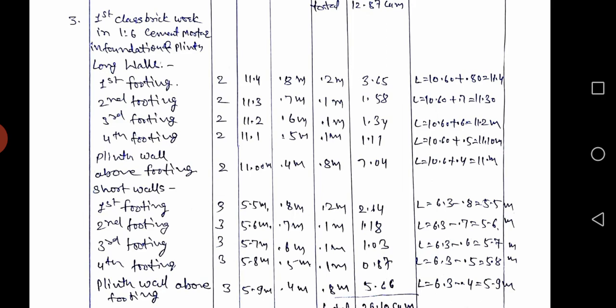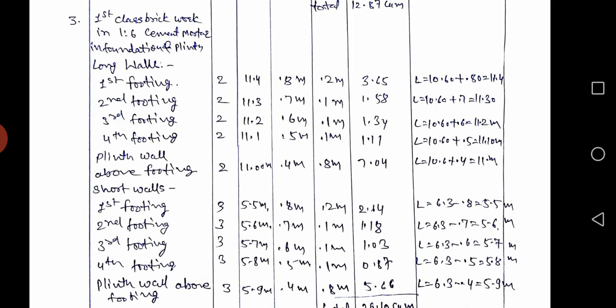Then the second footing, number of second footings is 2. Then the length is 10.6 plus 0.7, 0.7 is the width of second footing, equal to 11.3. So 11.3 is the length, 0.7 is the width, 0.1 is the height or depth, and total is 1.58 cubic meter. Then the third footing, number is 2.